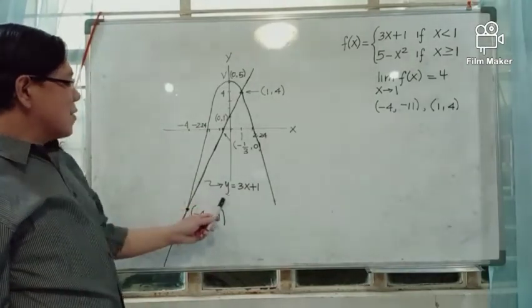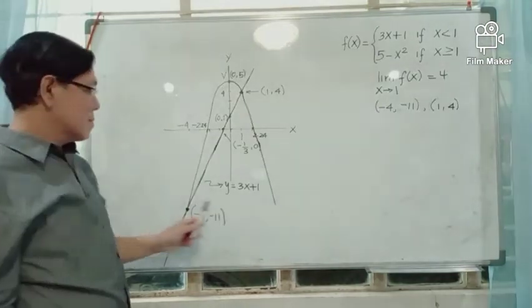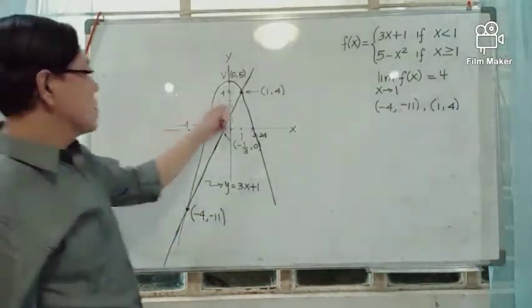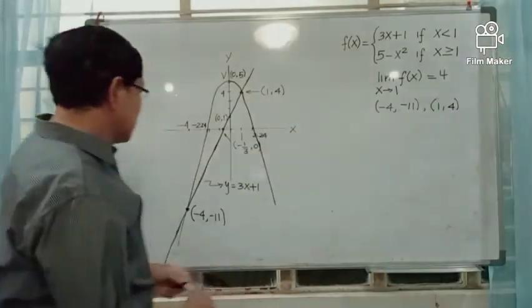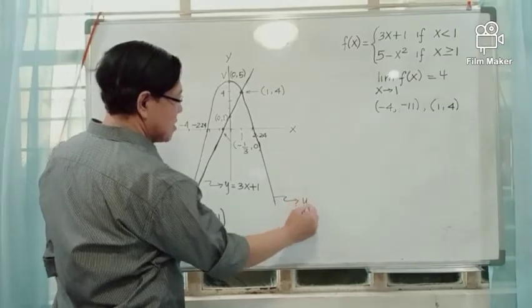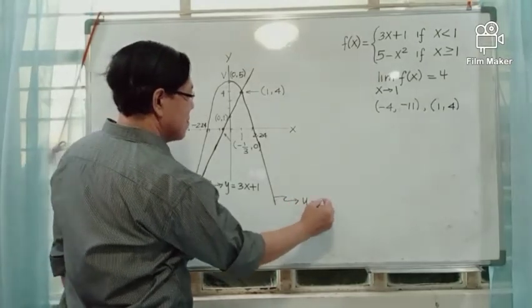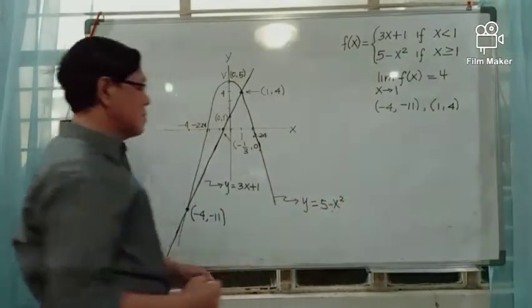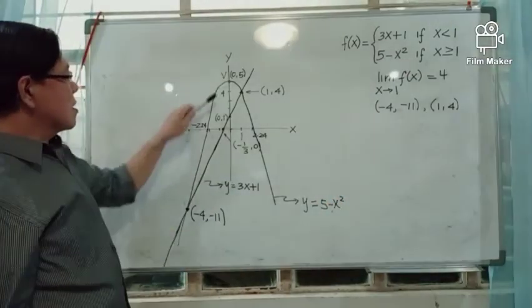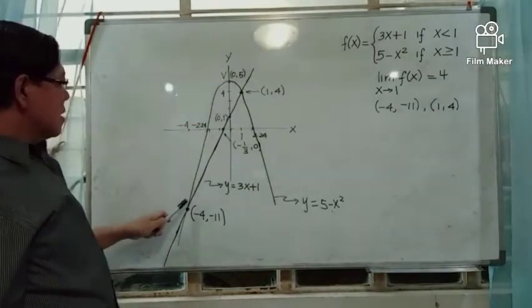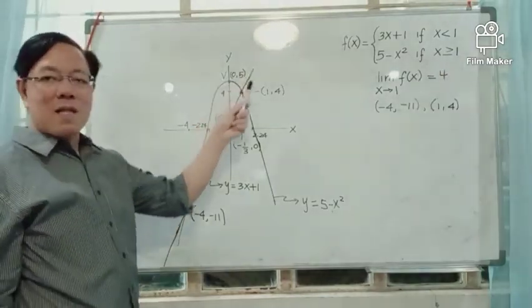So this is the graph of the line and the parabola. We label the equation of the parabola. The equation of the parabola is y equals 5 minus x squared. You can see that there is an area bounded by the parabola and the straight line.